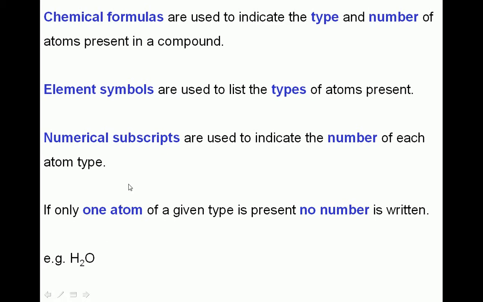However, it's important to recognize that if there is only one atom of a type present, then no number is written. So for example, water is comprised of hydrogen and oxygen atoms, and there are 2 hydrogen atoms for every 1 oxygen atom. So we write down hydrogen and oxygen, and then we add the subscript of 2 to the hydrogen.